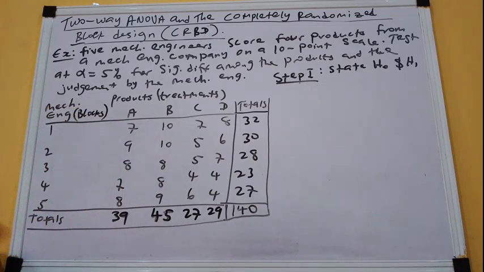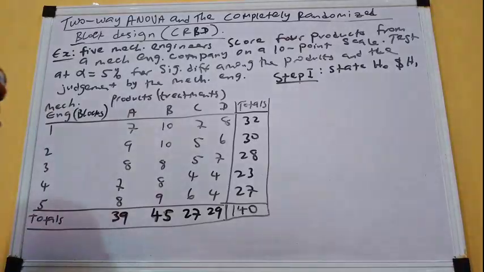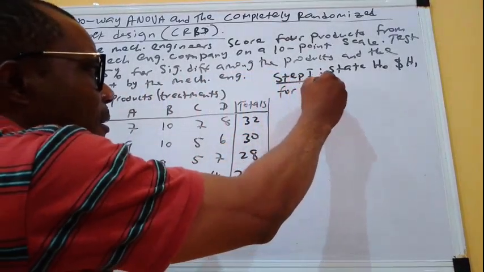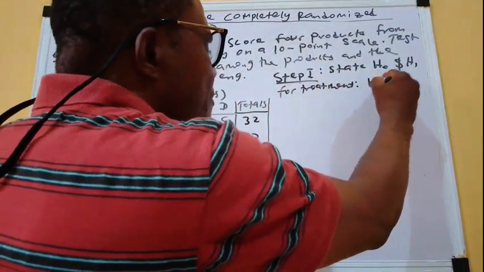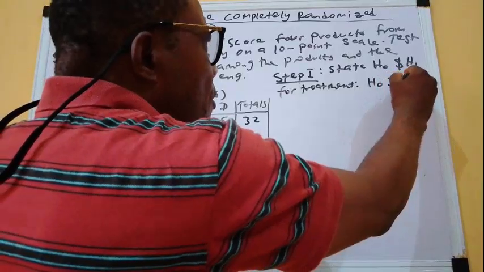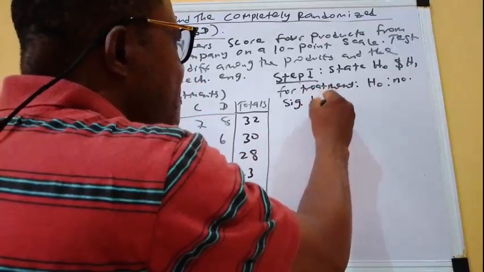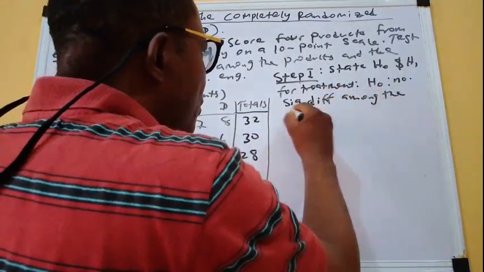Because it is a two-way analysis of variance, we are going to have two sets of hypotheses. So for treatment, our H0 will be no significant difference among the products.